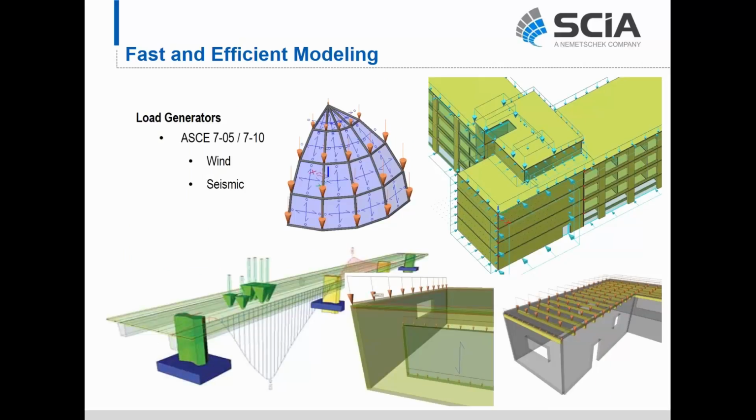So in terms of fast and efficient modeling, once we've created our model, what we can do is then load it. And I showed you really briefly in that last video on the steel canopy structure. But we also have automatic load generators for wind and seismic, and these are to ASCE 7.